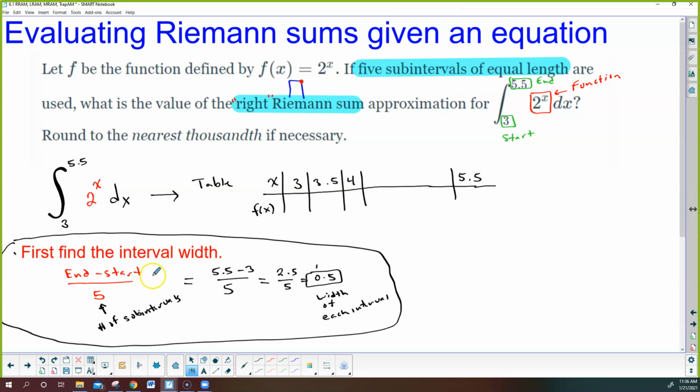I might space this out a little bit more just because I think these numbers are going to be a little bigger than I want. This just leaves me some room. So 3.5, 4, 4.5, and then 5.